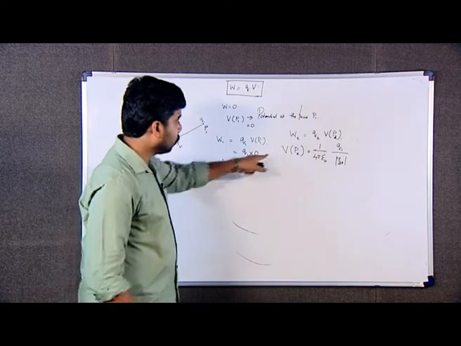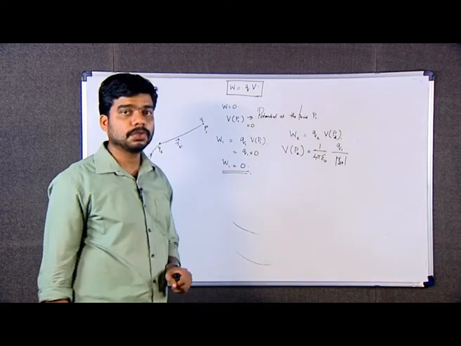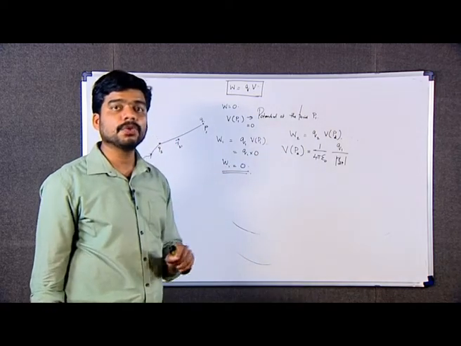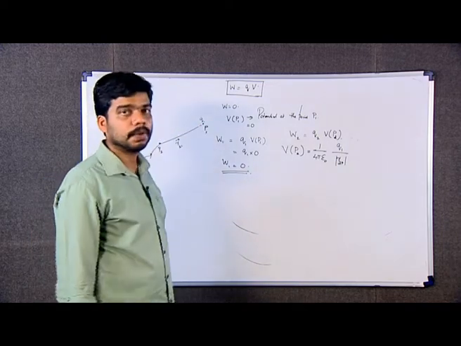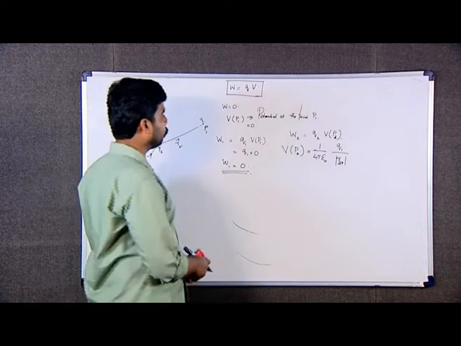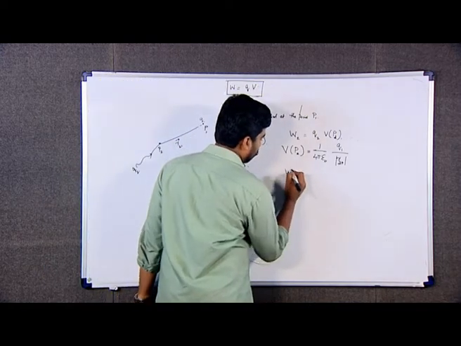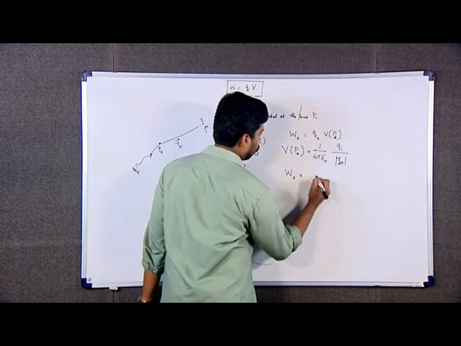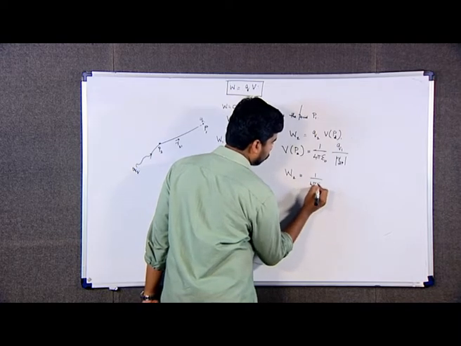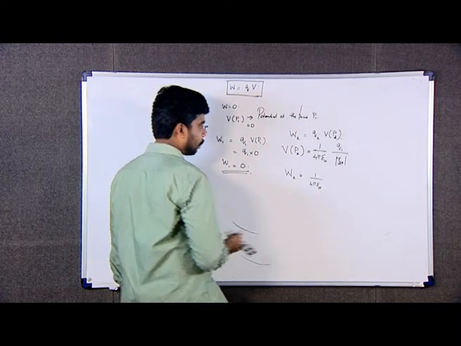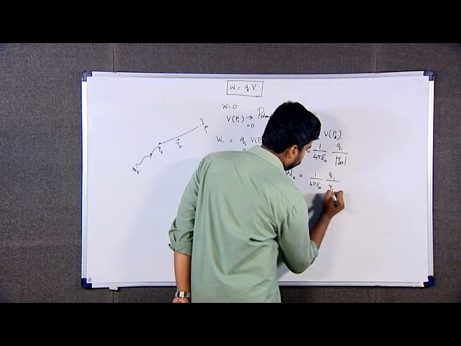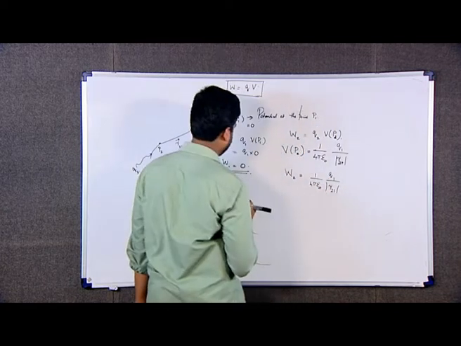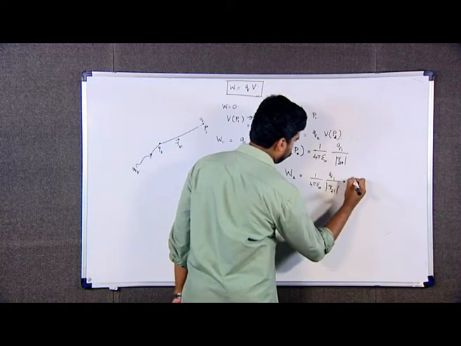Why? Because the potential at this point is due to the electric field produced by the first charge Q1. So, W2 will become W2 is equal to 1 by 4 pi epsilon 0 Q1 by modulus of R21 into Q2.